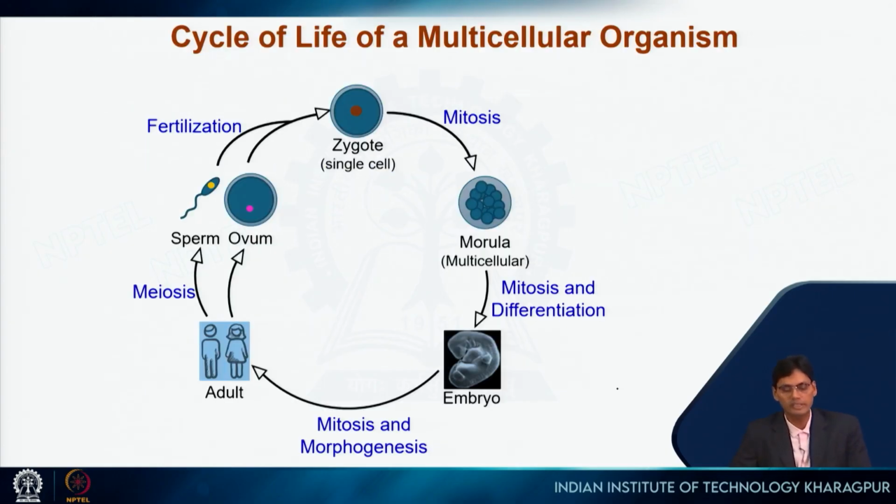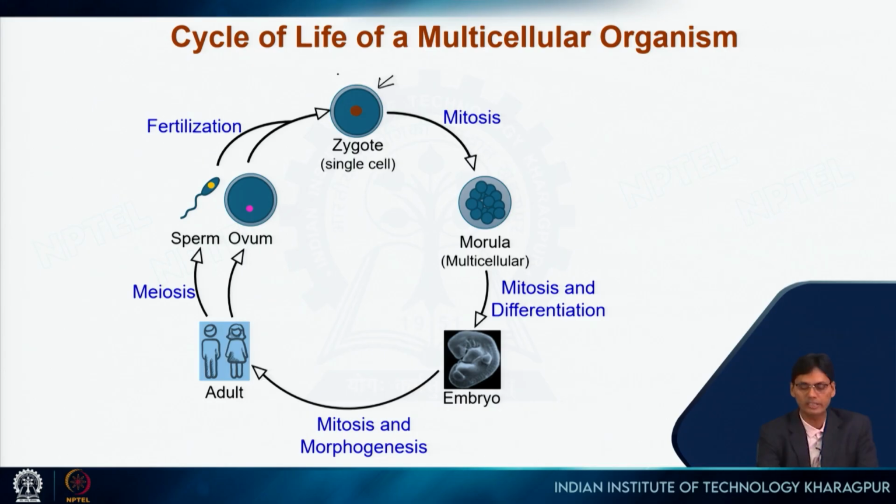So here I am showing the cycle of life of a multicellular organism. If I start from here, this is the zygote. Just after fertilization of sperm and ovum, it forms the zygote. If I am talking about the human system, then here we have all the chromosomes that should be present.